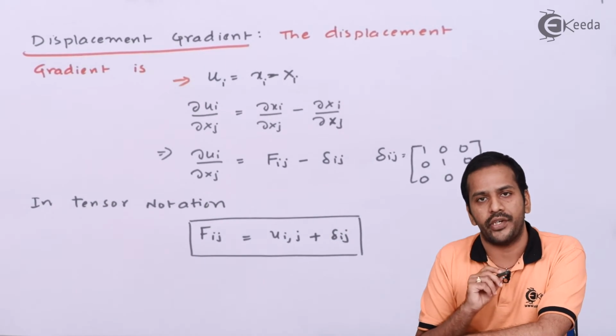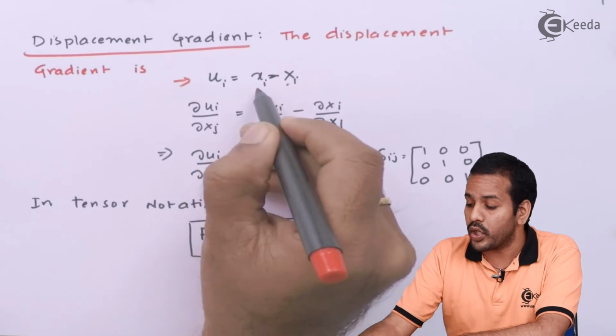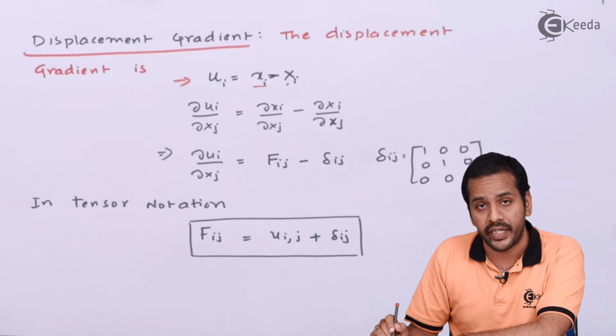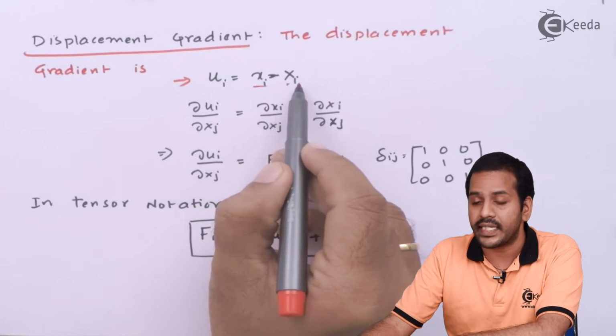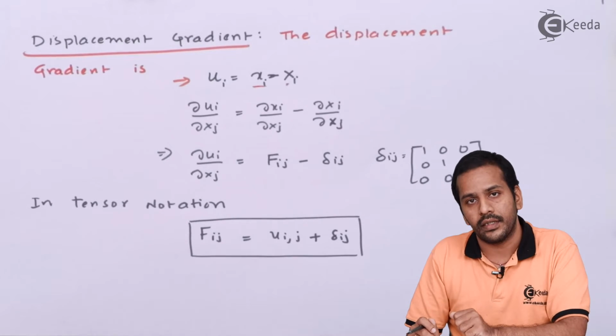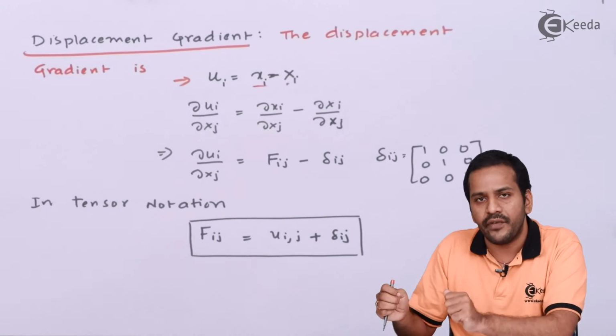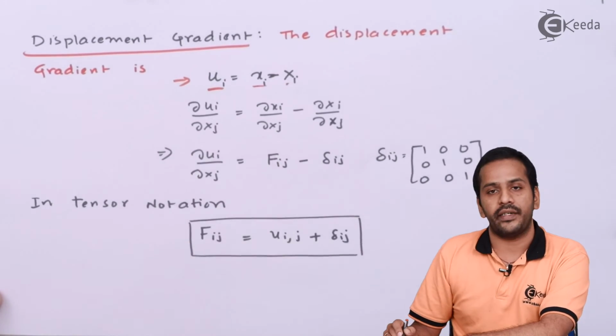As I have already mentioned, capital X represents the reference configuration vector and small x represents the deformed configuration vector. So small xi minus capital Xi represents the differences between the components of the vectors of the current configuration and the reference configuration. That difference will give us the displacement vector.